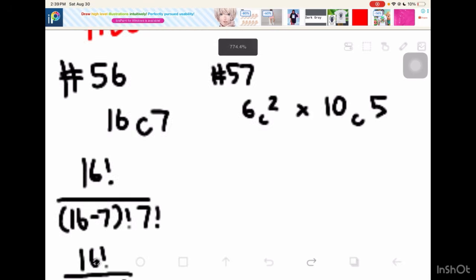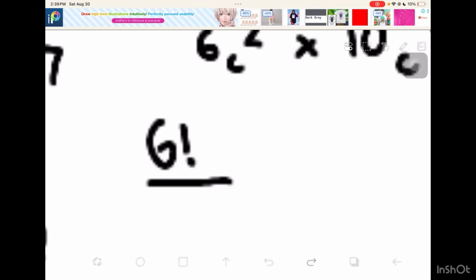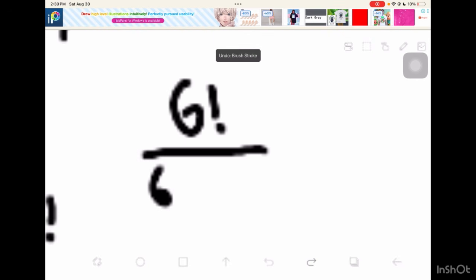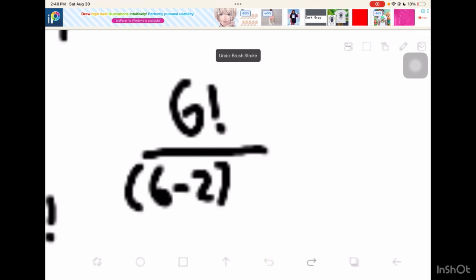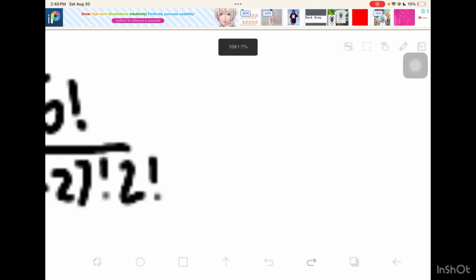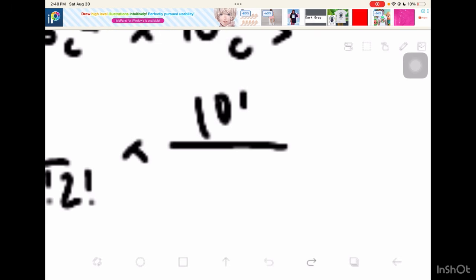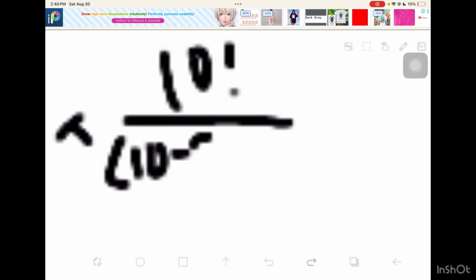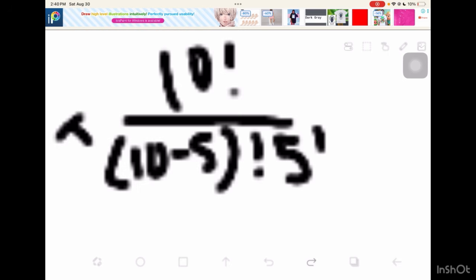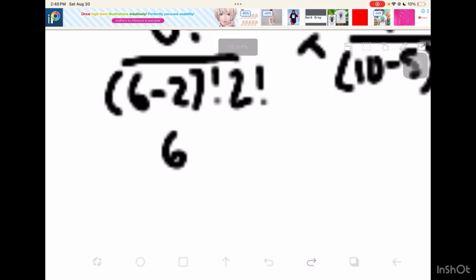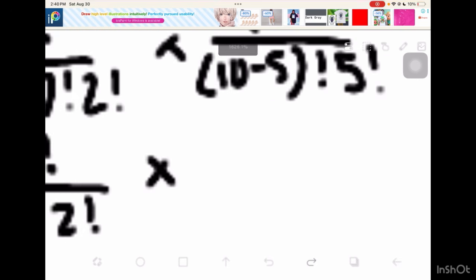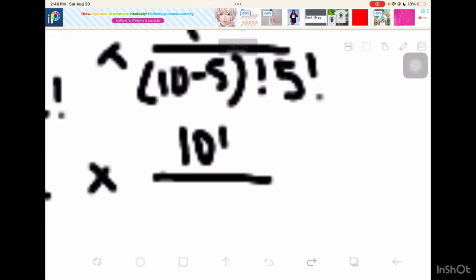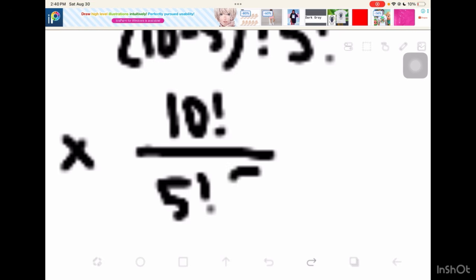So this is equal to 6 factorial over 6 minus 2 factorial, 2 factorial times 10 factorial over 10 minus 5 factorial, 5 factorial, which when simplified is 6 factorial over 4 factorial times 2 factorial times 10 factorial, 5 factorial times 5 factorial, right?